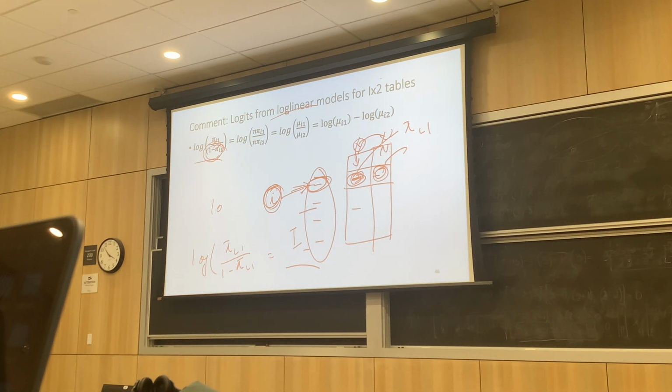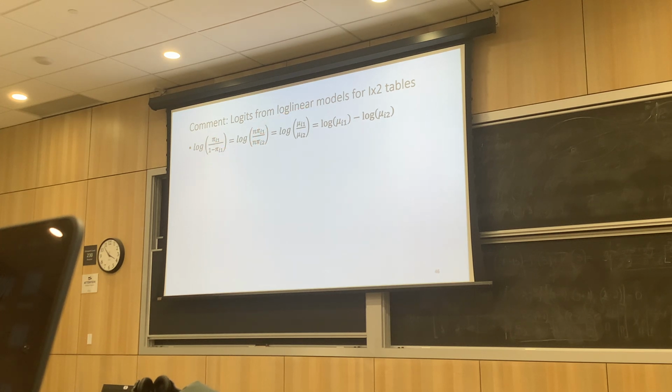So this is the probability for the second column, and this is the probability for the first column. We can multiply the top and the bottom by anything we want. We can multiply by n, and n times the probability for any cell is the expected mu.